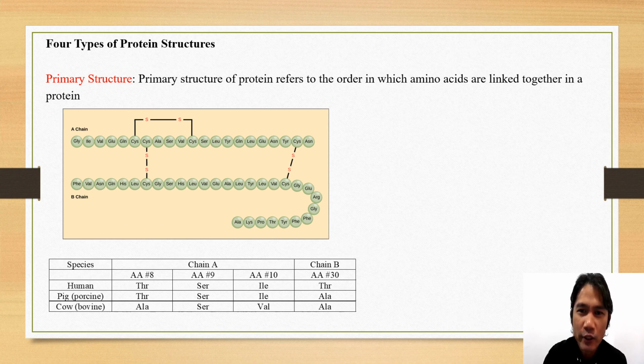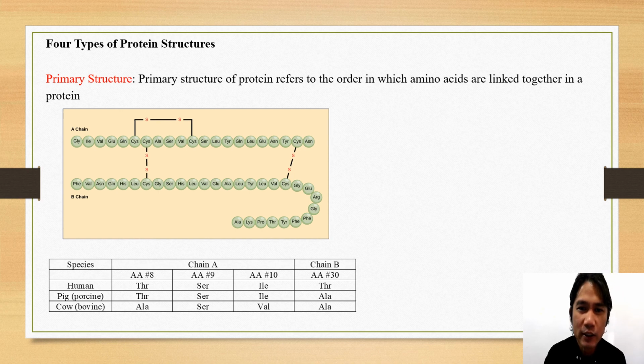But when there are hundreds of amino acids linked together, or even less than 100 amino acids, you call that a polypeptide, also known as protein. So these amino acids in proteins are linked by peptide bond, or amide bond.